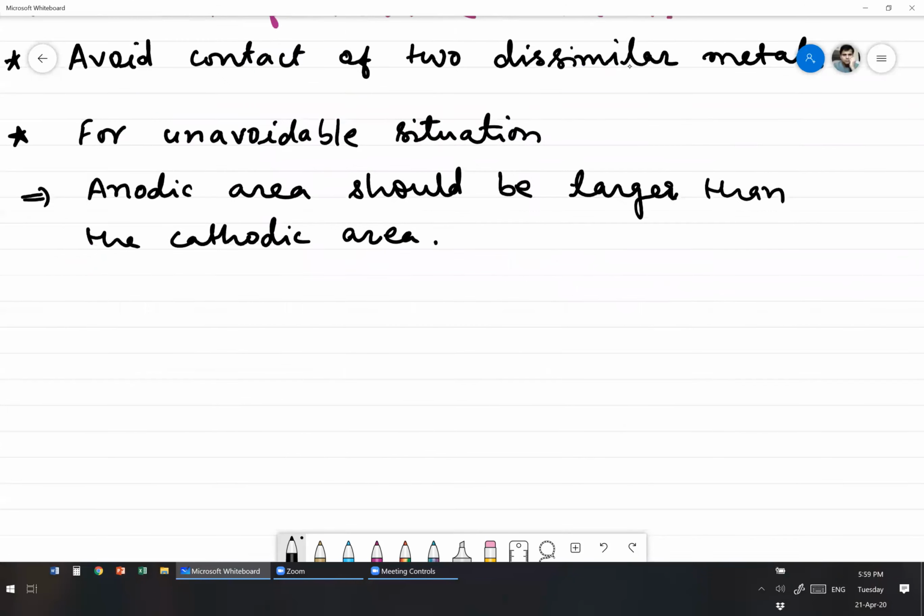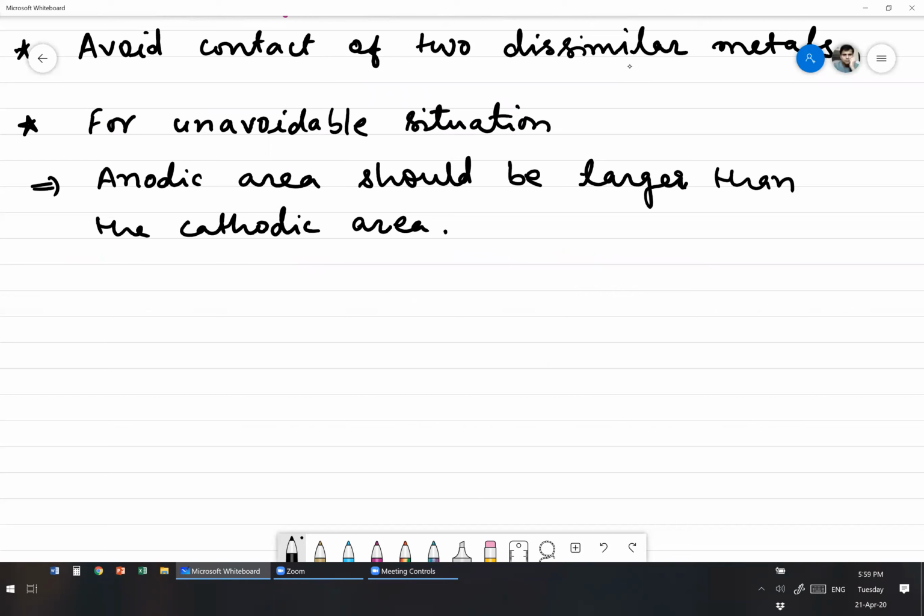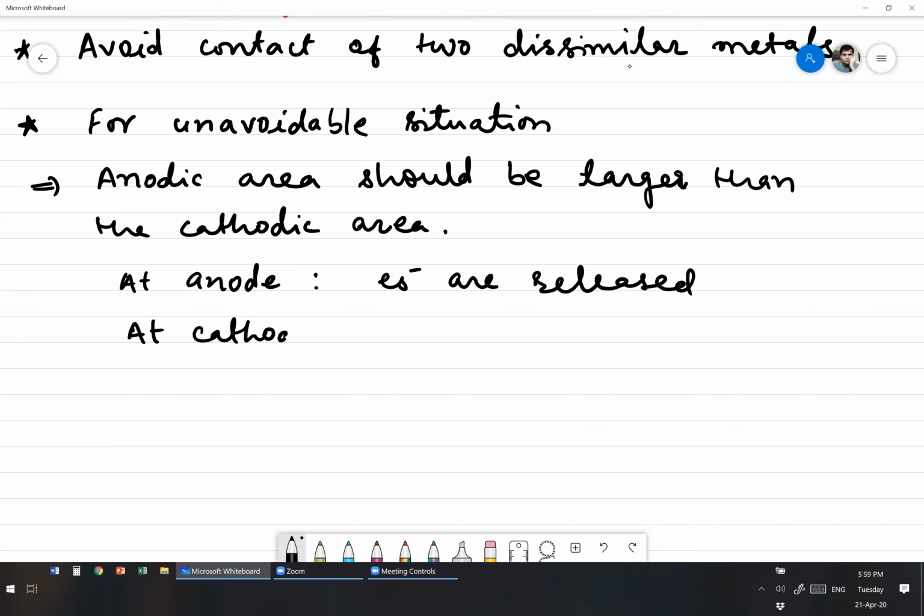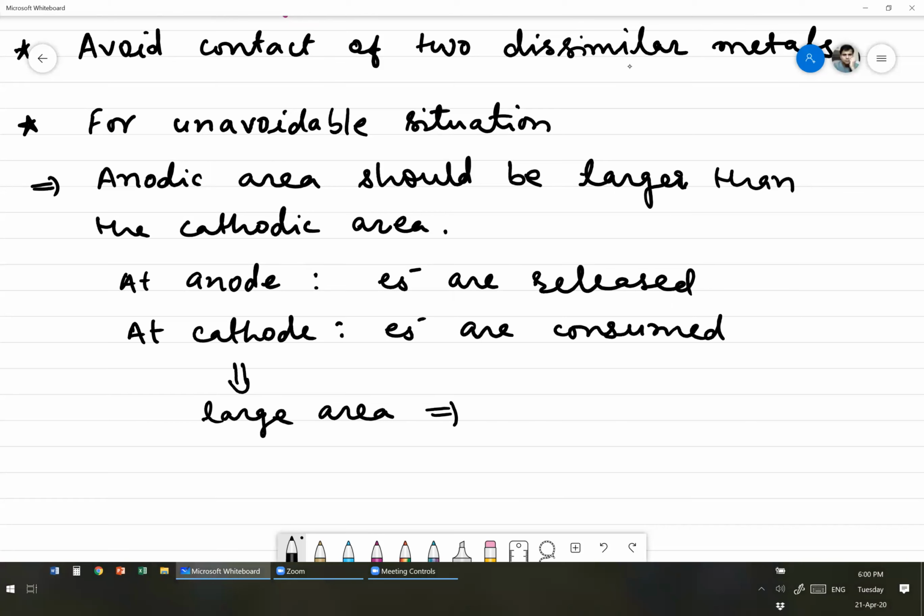So what does it mean? You know that at the anode, oxidation of metal takes place and electrons are released, right? And at the cathode, reduction takes place and electrons are consumed. Now just imagine the area of the cathode is large. It means it will have a high demand for electrons.